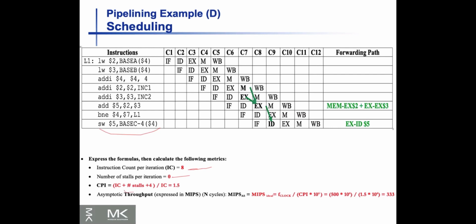And because you are using a 5-stage pipeline, nevertheless, you had to pay a price of 4 more stalls because at the end of the day, you have 5 stages, right? So the perfect scenario for 8 instruction counts is 1.5, right? Because you pay 8 plus 4 divided by 8, which is 1.5. And out of your 500, you're using 333, okay? So that's the perfect scenario for this example.